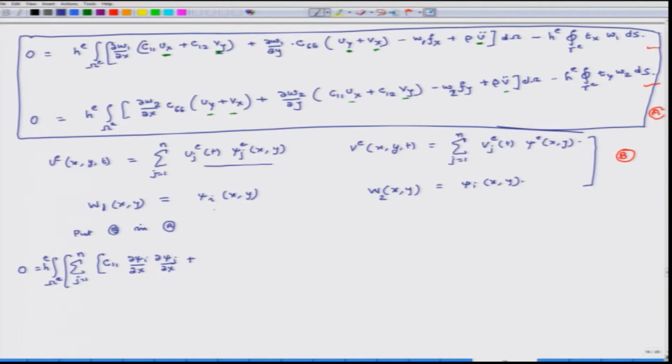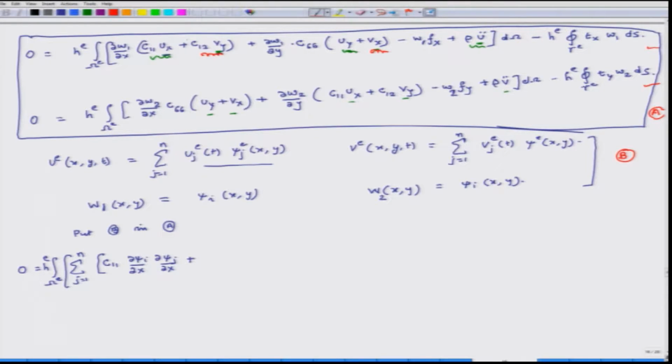We are going to plug equation B into A, and we are also clubbing terms with the same coefficients. So, for u the coefficient is uj and for v the coefficient is vj. So, we are clubbing this term and this term together. Similarly, we will club the Vy term and the Vx term together. That is how we will be able to club them together.